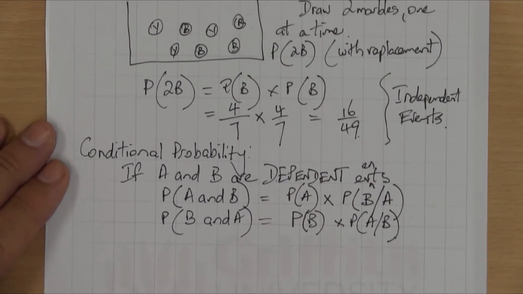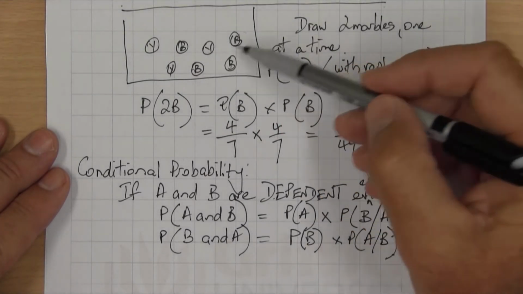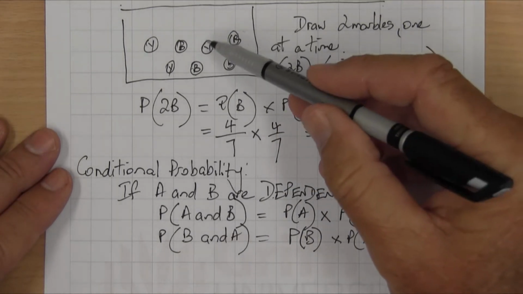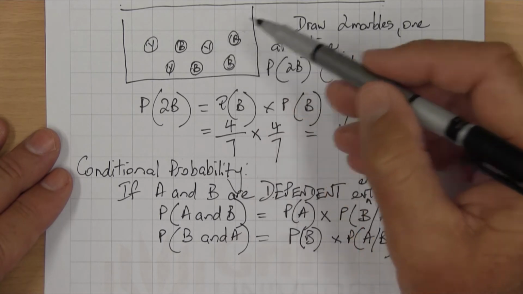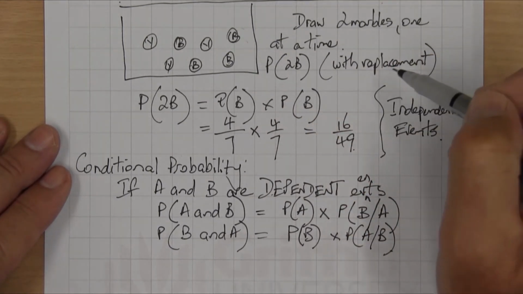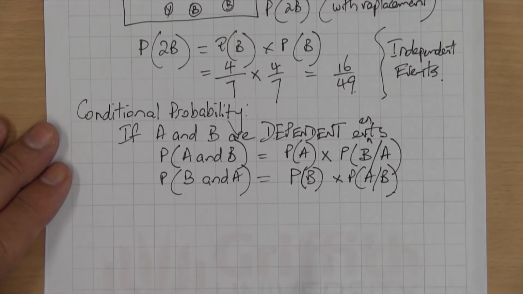So we go back to our example where we've got our 3 yellows and 4 blues, marbles or balls that are in a box here. And we're going to draw out 2 marbles one at a time, but this time we are not going to put the first one back, and that will change things.